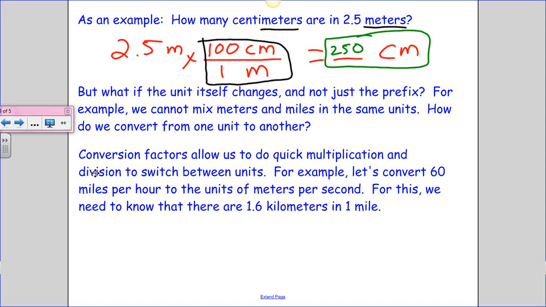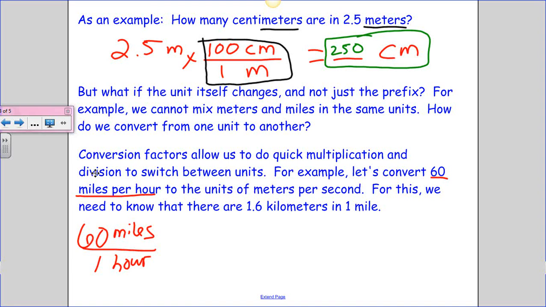So for example, let's convert 60 miles per hour to the units of meters per second. So, always start with what you're given. 60 miles per hour. Written out, it's 60 miles per 1 hour.